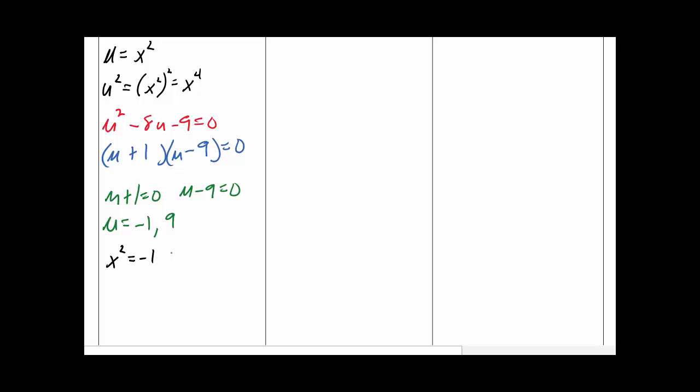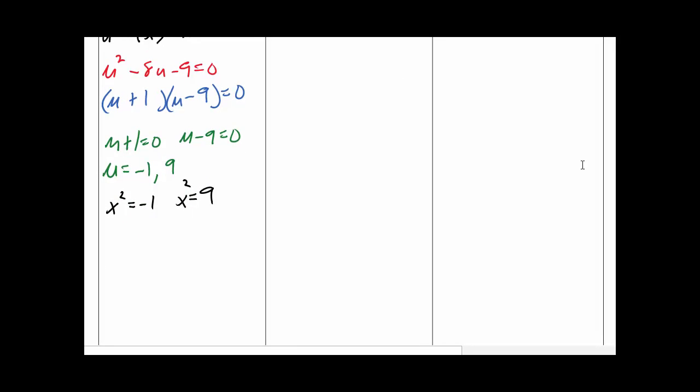So x squared equals negative 1, and x squared equals 9. And then solve. So to solve for x in this case, I want to take the square root of both sides. So that gives me x equals plus or minus i, and x equals plus or minus 3.